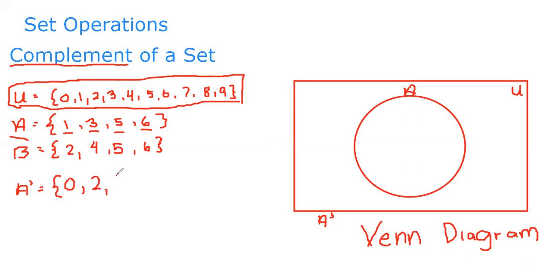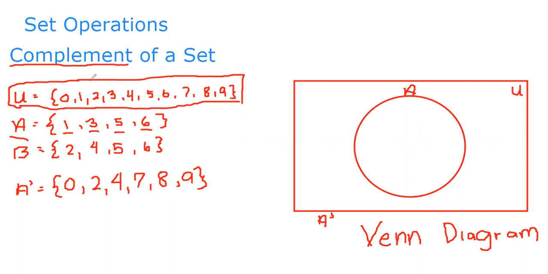Ano pang isusulat natin kay A complement? 4. What else? 7, 8, and the last is 9. Tama ba? So, lahat ng wala kay set A, isusulat natin as A complement.